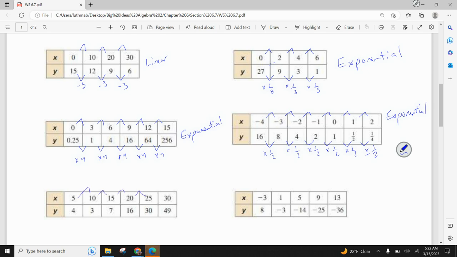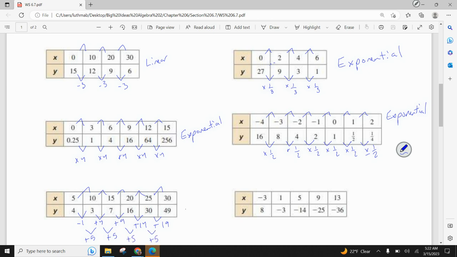Plus 5, plus 5, plus 5, plus 5, plus 5. Let's see, minus 1, plus 4, plus 9, plus 14, plus 19. First differences can't be linear. Plus 5, plus 5, plus 5, plus 5.